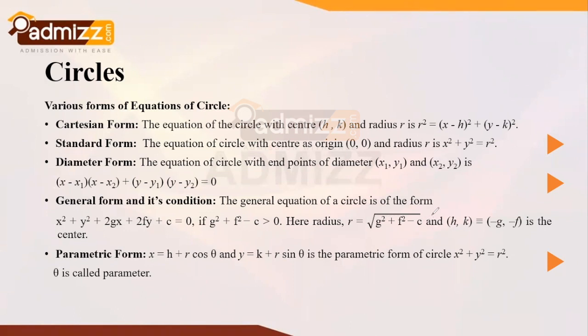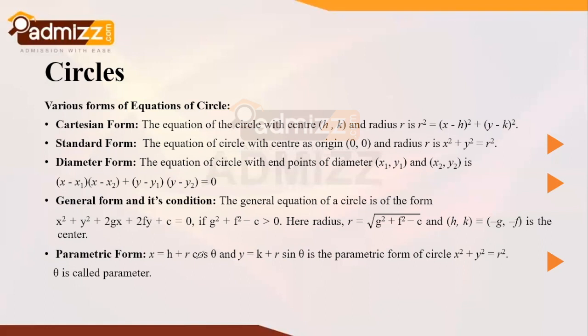Now the center point is taken as (h, k), that is equal to (minus g, minus f). That is computed using minus g, minus f, that is the center point. The parametric form can be calculated using this formula, that is x is equal to h plus r cos theta and y is equal to k plus r sin theta, wherein the parametric form of circle is x square plus y square equals r square.